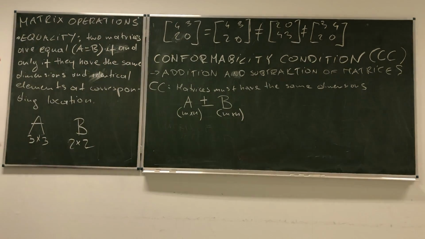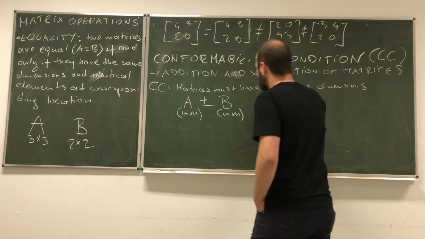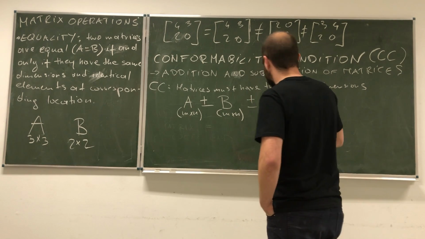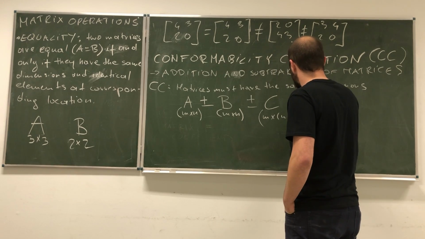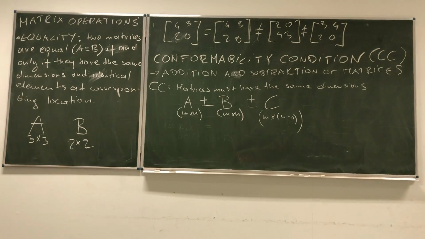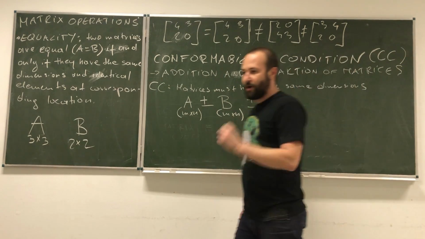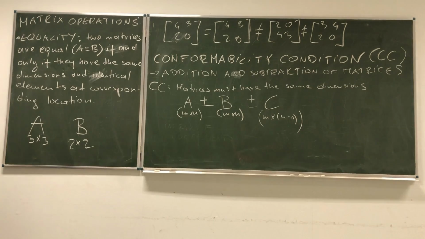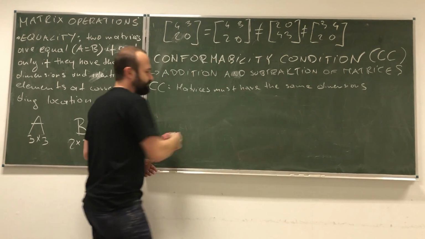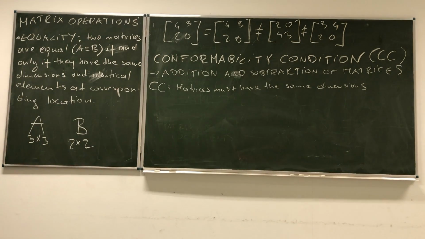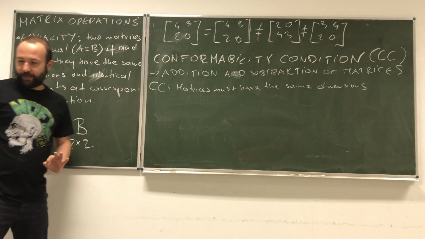Because if we would want to add or subtract matrix C with dimension m by n minus 1, I already cannot do it. Both dimensions must be the same. And look, when I show you how to add and subtract matrices, I think this requirement will become pretty much self-explanatory. What do I mean by that?